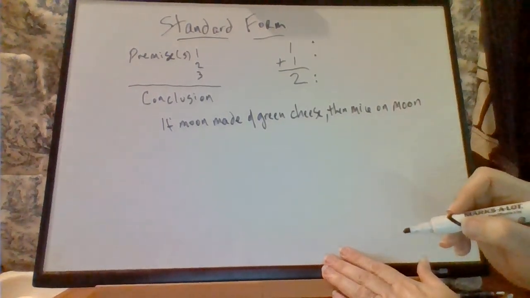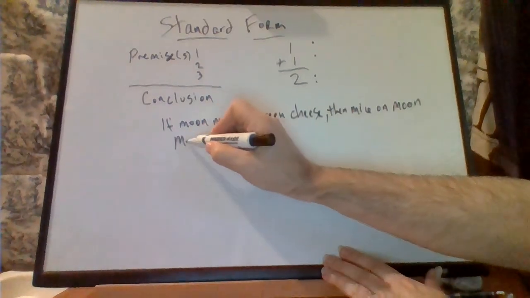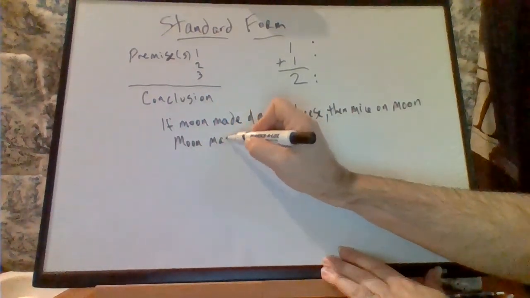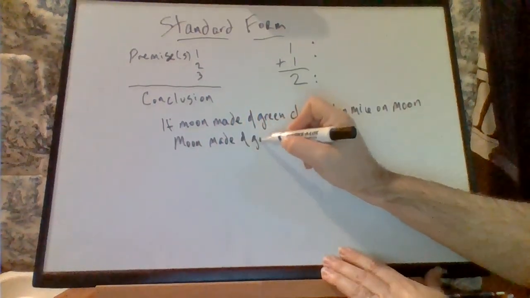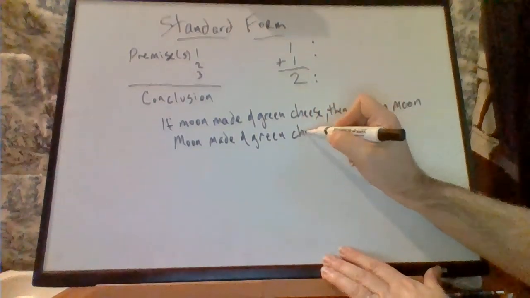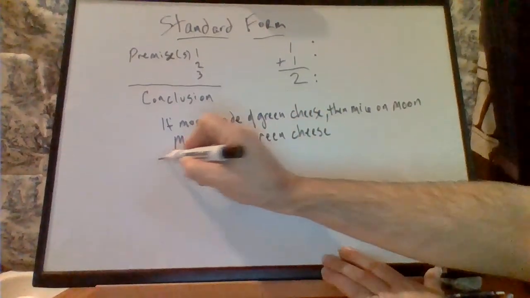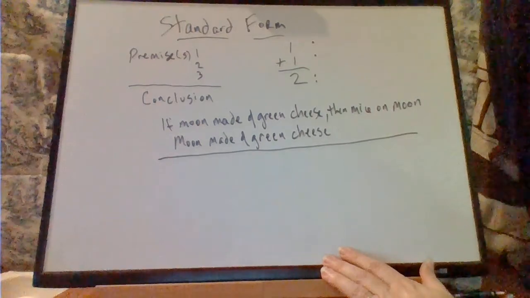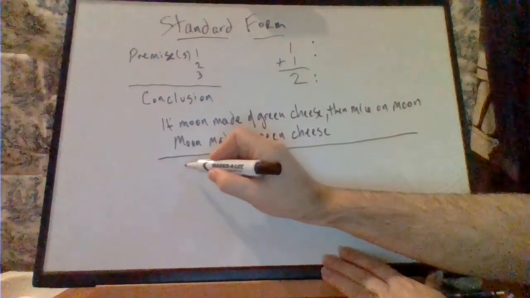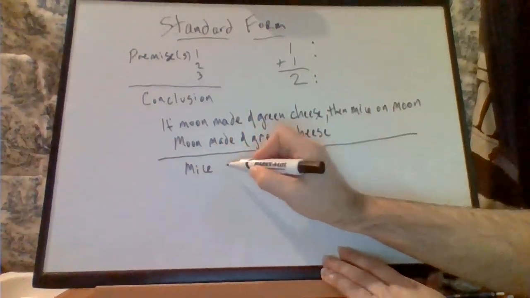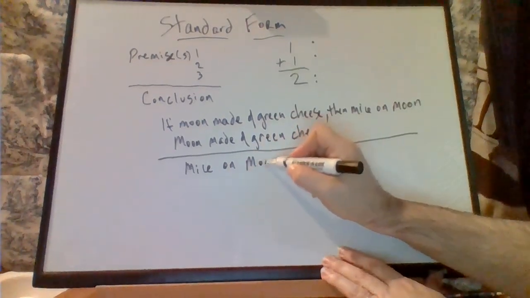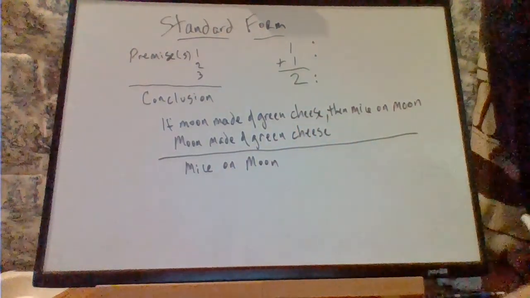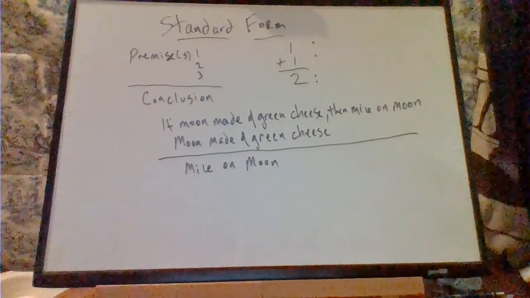Second premise says the moon is made of green cheese. Therefore, our conclusion, there are mice on the moon. Okay, and that's what that argument would look like in standard form.